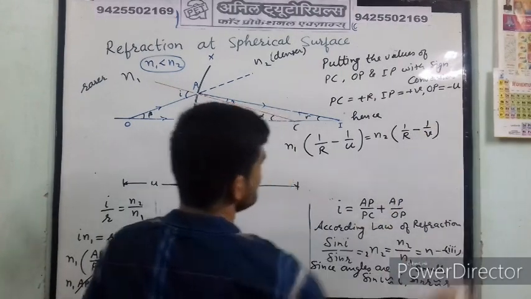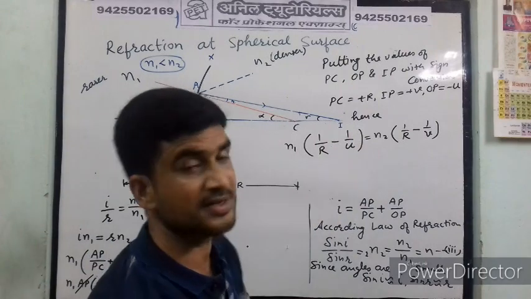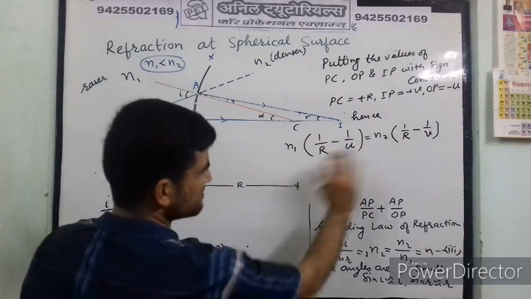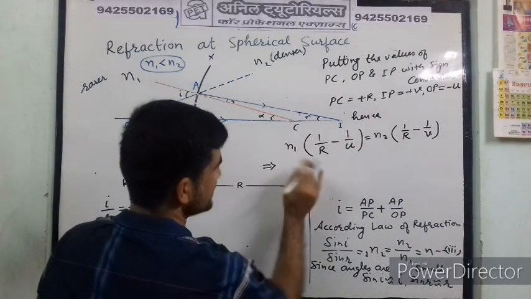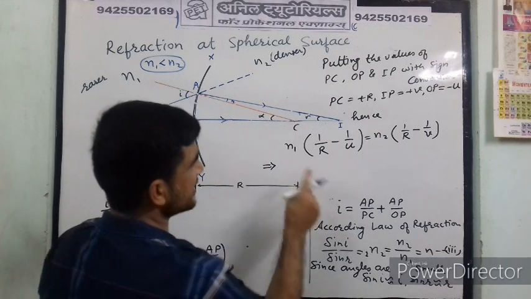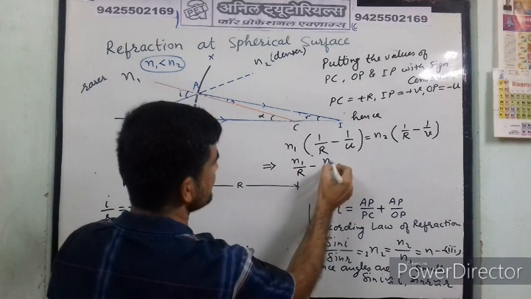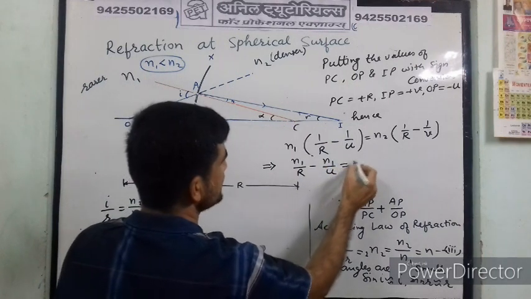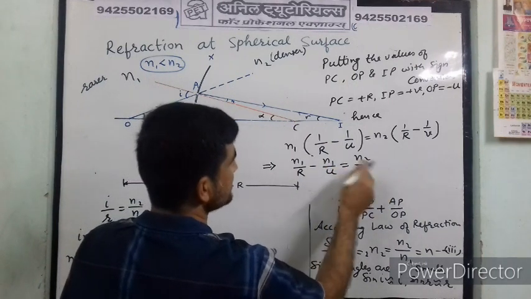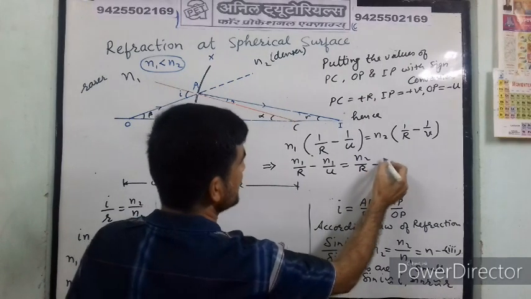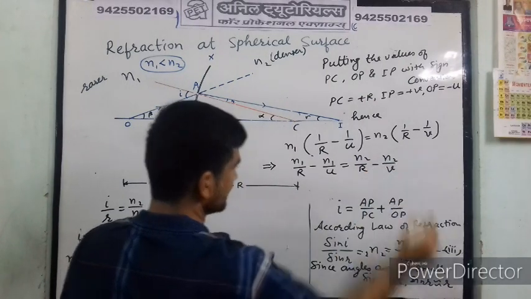There is no change of sign. Now just simplify this. A little algebraic simplification is there. Open the bracket: N1 over R minus N1 over u is equal to N2 over R minus N2 over v.